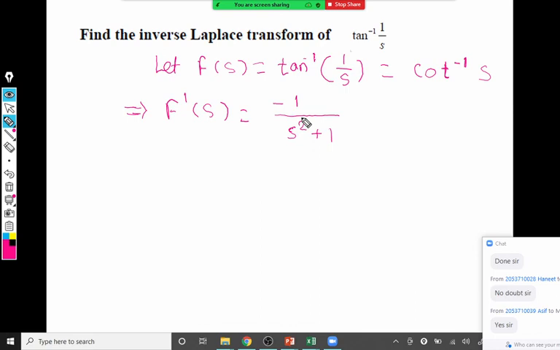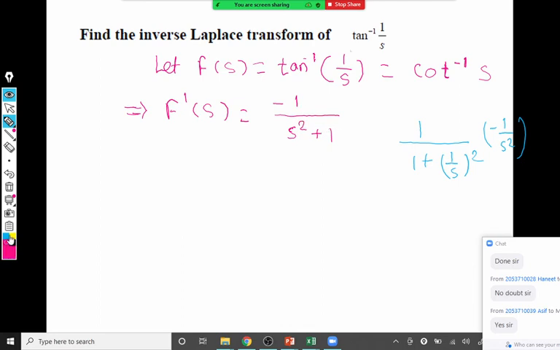So go by either way, your derivative will come the same. Suppose someone differentiates tan inverse: derivative of tan inverse, you will do it like 1 upon 1 plus (1 by s) square into derivative of 1 by s, that is minus 1 by s square. But if you cross multiply and simplify, s square plus 1 you will get, and the s square in the denominators cancel and you get the same function there.